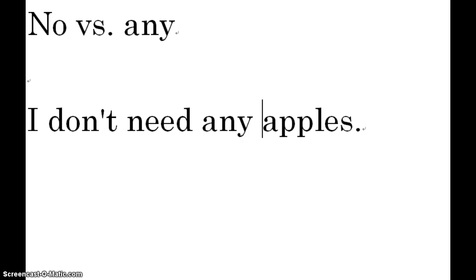And you can say, I don't need any apples. Okay? So, the word any can be used instead of the word no if the word not is used in the same sentence. So that's the rule for how to use the word no and how to use the word any.